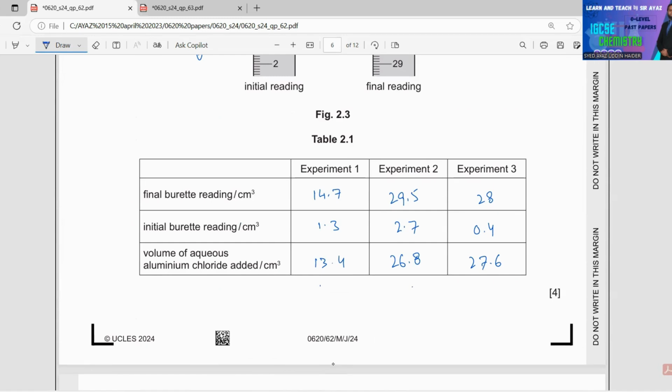You see in experiment 2, the volume used is high, which means we have a solution G more concentrated. Solution G is more concentrated because a large volume of AlCl3 is required in experiment 2.